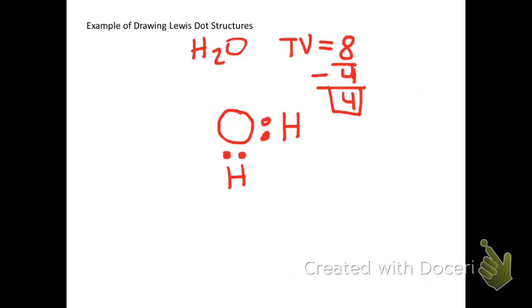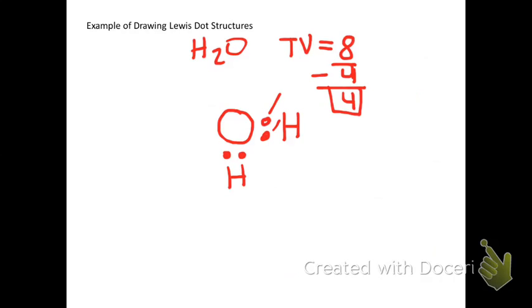So the next rule states that we're going to distribute the remaining electrons around the atoms to get us a complete full valence shell, or the octet rule. And so notice that the hydrogens already have 2 electrons that they're sharing. 1 and 2.